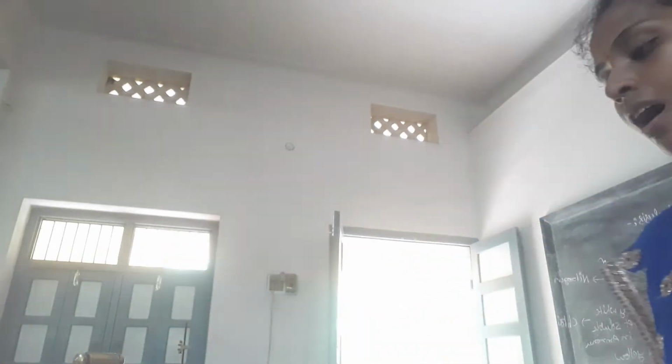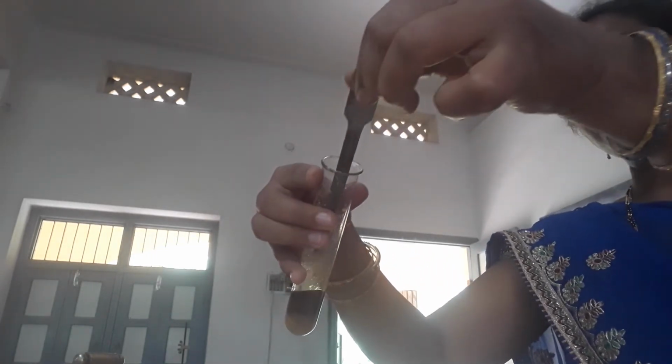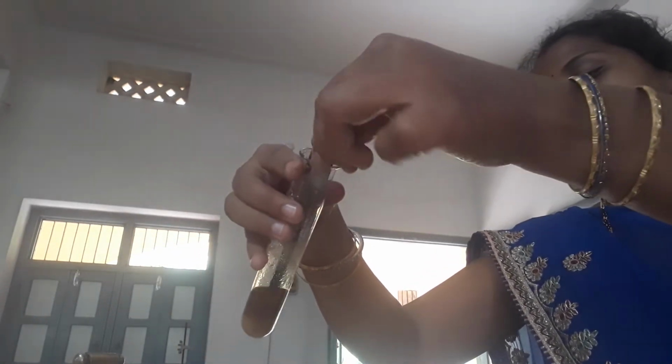The next preliminary test: we take the compound on a spatula and burn it on the burner.